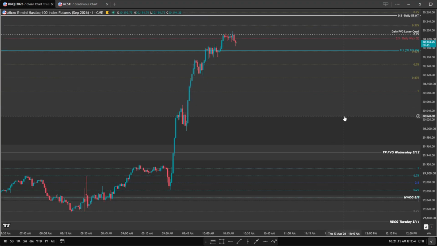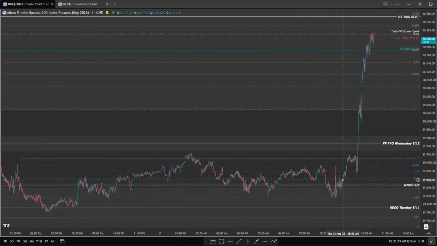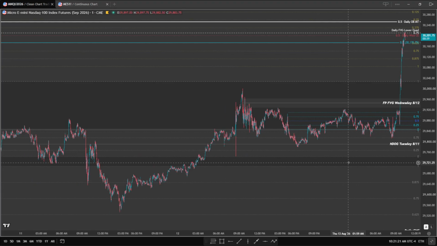And because it's the end of the week, it's likely that we'll see some sort of retracement on the weekly range.